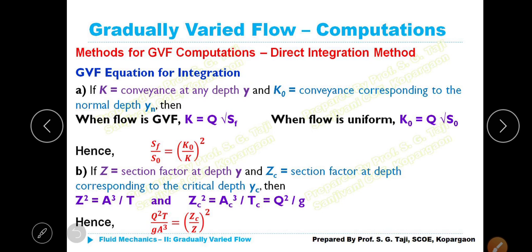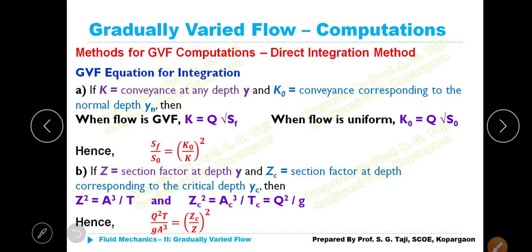Methods of GVF computations, direct integration method. If K is equal to conveyance at any depth y and K naught conveyance corresponding to the normal depth yn, then when flow is GVF, K is equal to Q by root Sf. When flow is uniform, K naught is equal to Q by root S naught. Hence, Sf by S naught is equal to (K naught by K) whole squared.